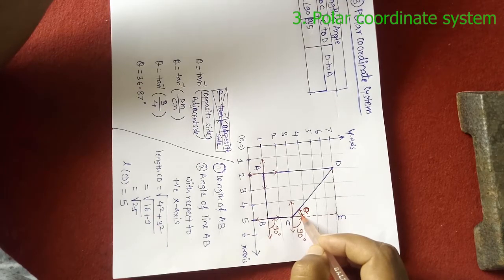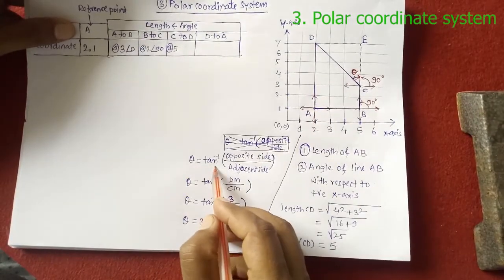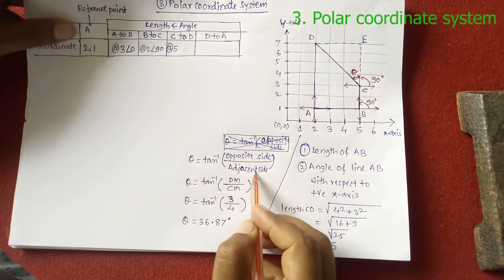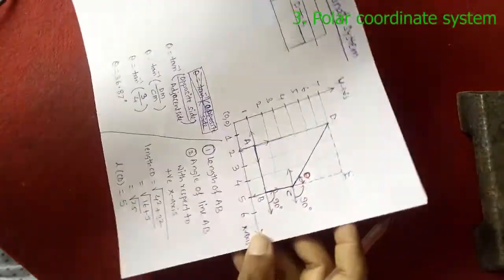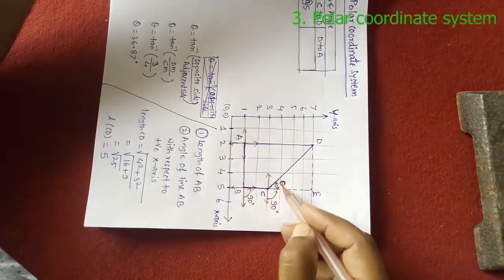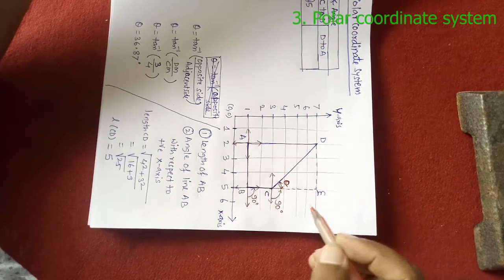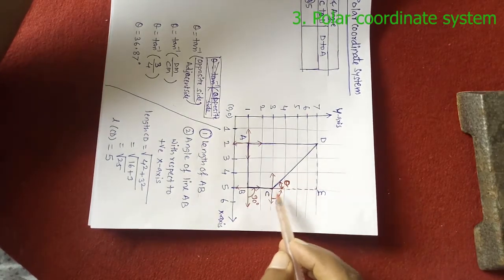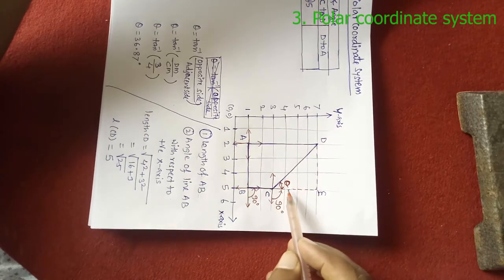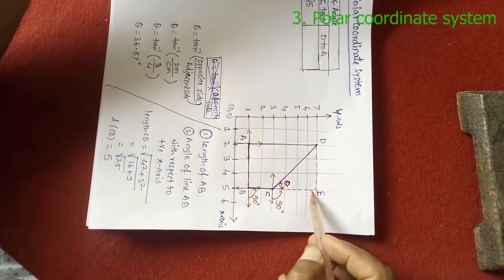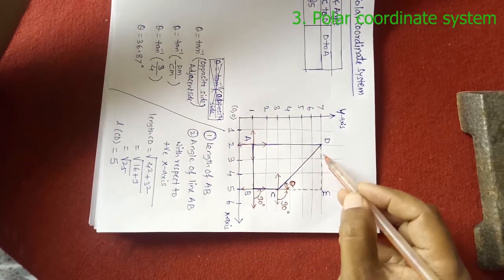So theta can be calculated by using theta is equal to tan inverse of opposite side upon adjacent side of this triangle. If you see, the opposite side of this theta is DM and the adjacent side for this theta is CM. We know the length of CM is 4 units, and the length of the opposite side DM is 3 units.